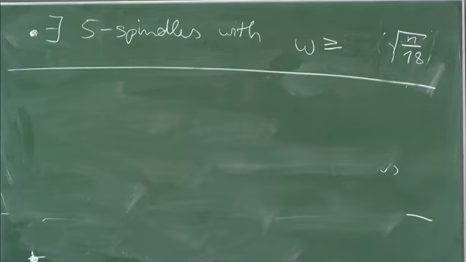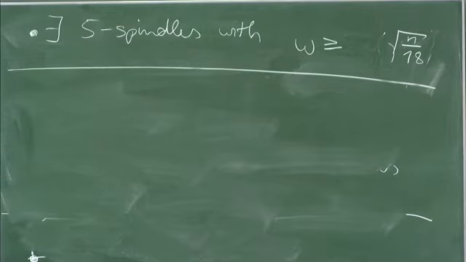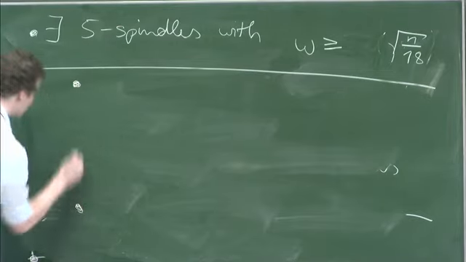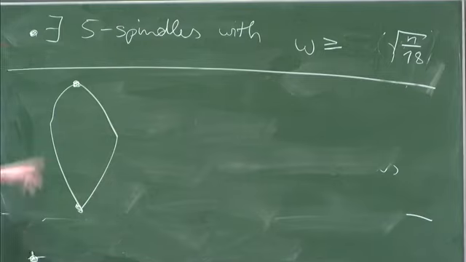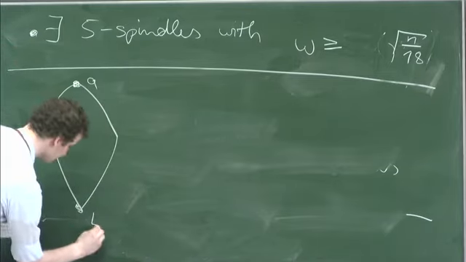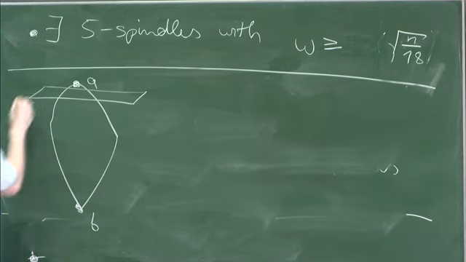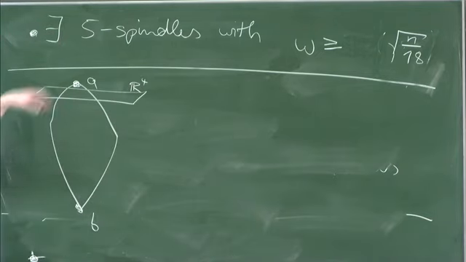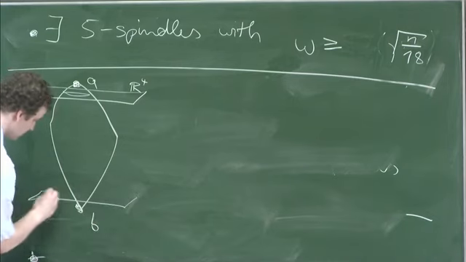Okay, so how do we construct this spindle? The idea is as follows. Constructing something in 5 dimensions is complicated. But we have something like a spindle which looks maybe like this. Here's A, here's B. We intersect the spindle with a 4-dimensional hyperplane. So we take the vertex figure of this polytope here, and also the vertex figure here.